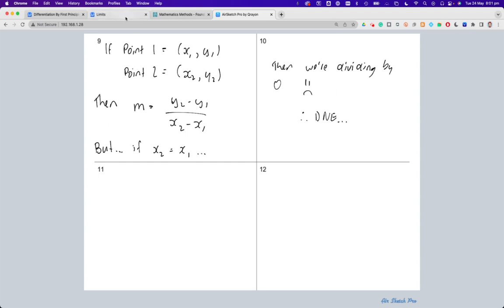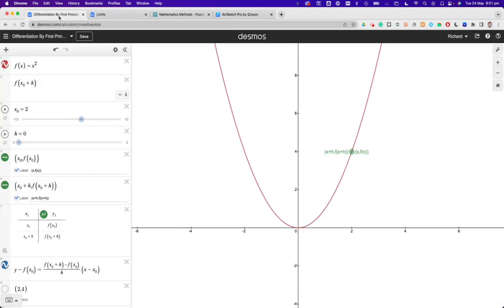What differential calculus lets us do is, instead of putting the dots on top of each other like this, ask ourselves what happens if we have the points really close to each other, and then examine the behavior of the gradient as these two values get closer and closer together.